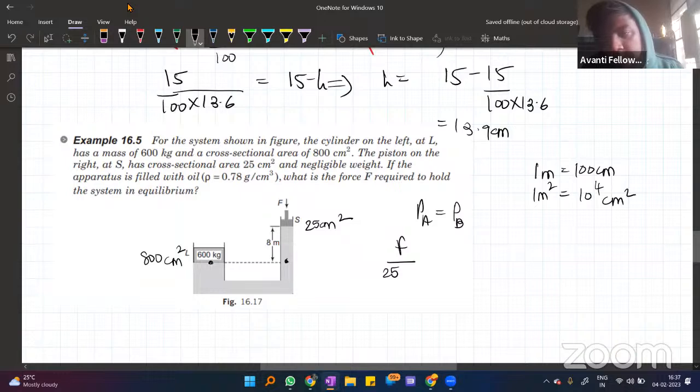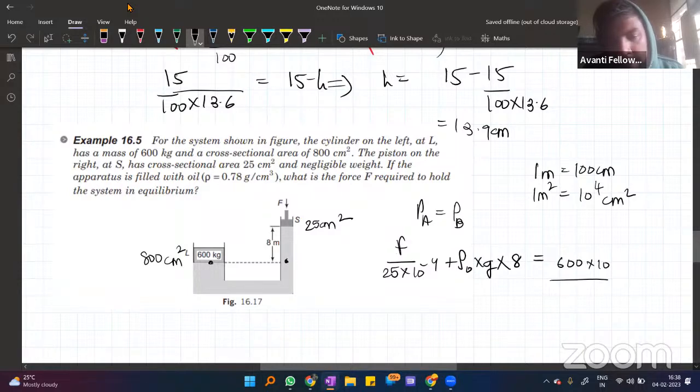So to convert centimeter square into meter square, I just have to multiply by 10 to the power minus 4, plus rho gh. I'm going at a depth, so rho of oil into g into height. What is the height? 8 meters, which is equal to pressure at this point, that is equal to force, that is 600 into 10, mg, by area, that is 800 into 10 to the power minus 4. You just have to solve this question.